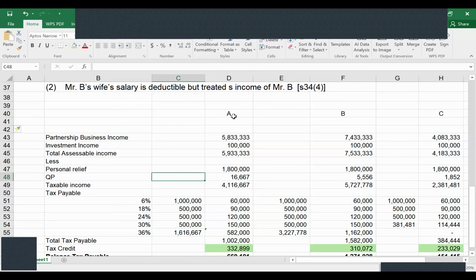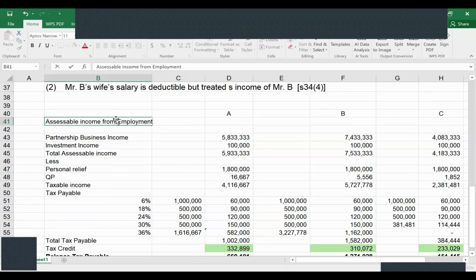Suppose Mr. A is working in another organization as an employee, then we have to include assessable income from employment. Assessable income from employment should be included if it is available. If this person or partners have sole proprietorship tax liability, we can include it here.